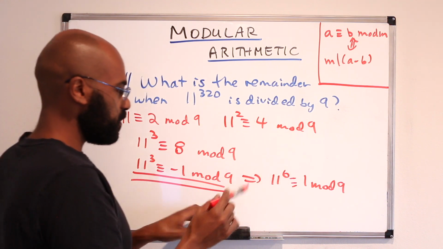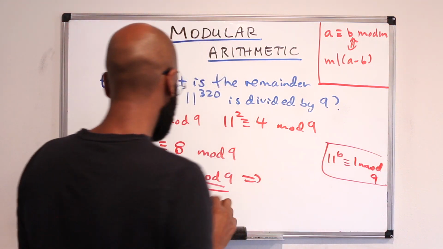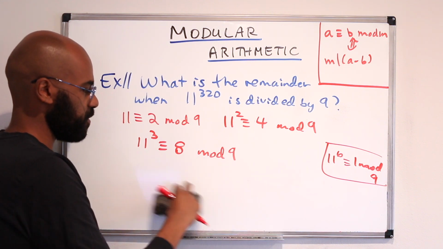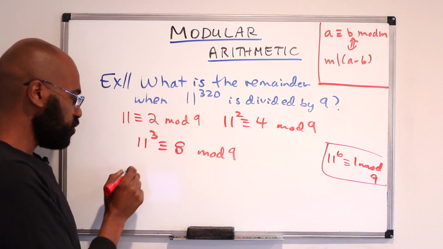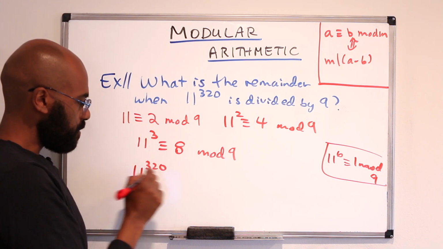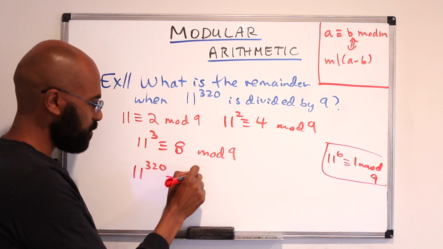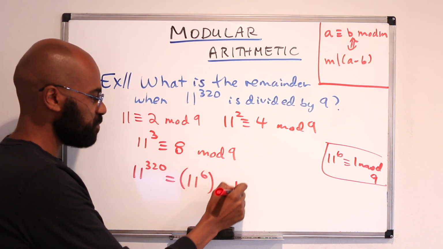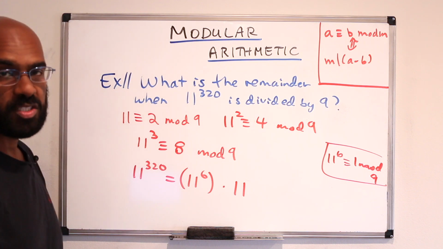All right, so I want to put this in a box right over here and then think about the implications using what we've already determined. So the thing we're interested in is 11 to the 320. All right, so 11 to the 320 can be represented as 11 to the 6 raised to a very large exponent times 11 to something smaller.